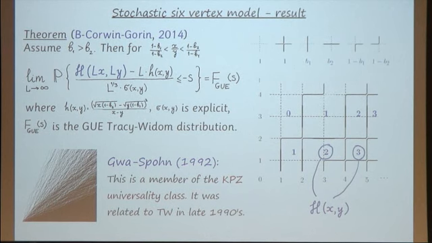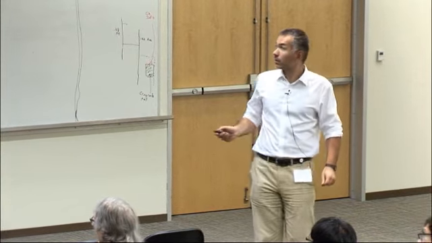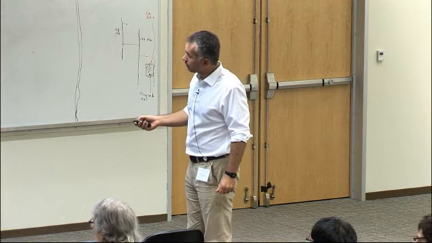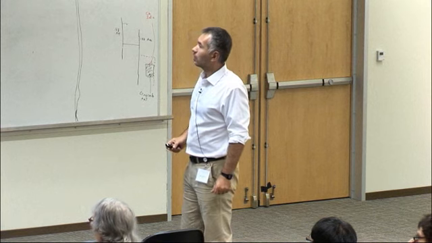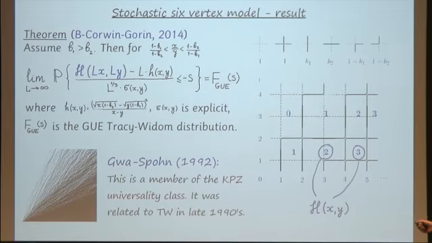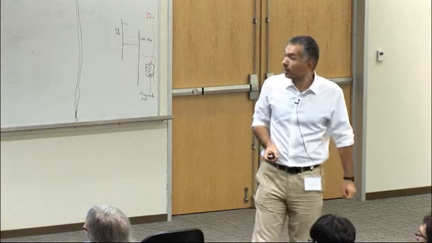Here it is. (x, y) is the coordinate of the point that I'm looking at, and then the variance grows as L to the 2/3, and the limit theorem with some concrete value for the scaled variance leads to the so-called GUE Tracy-Widom distribution in random matrix theory.